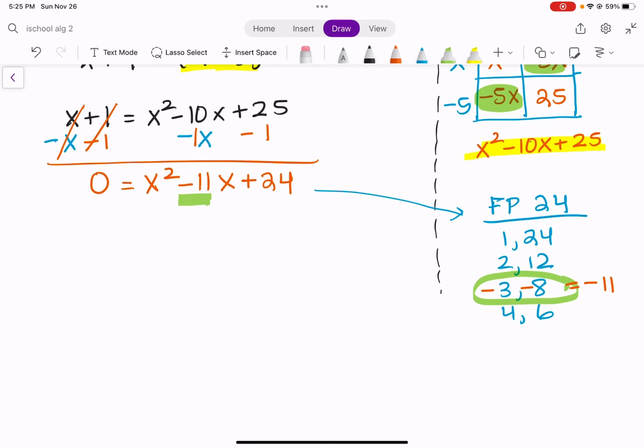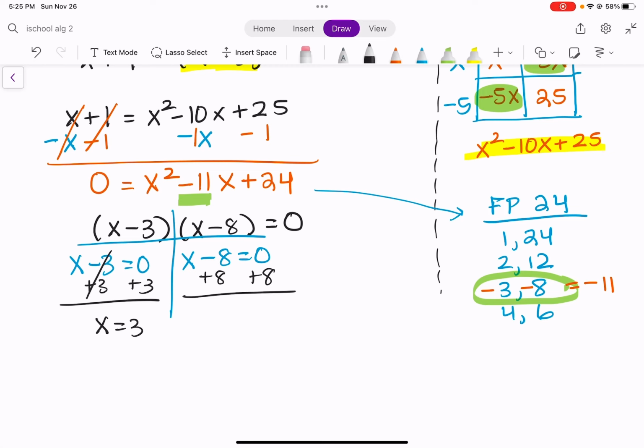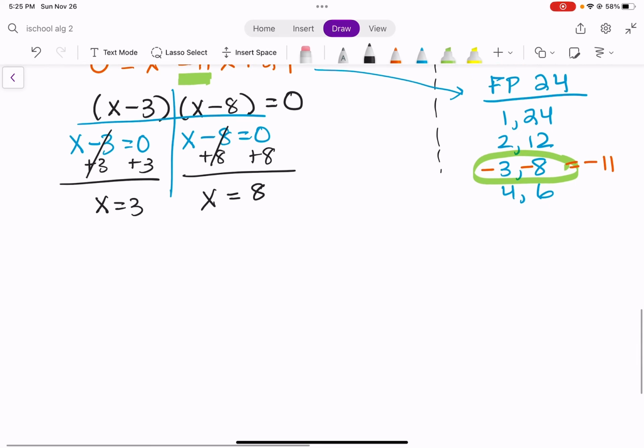So we can rewrite this as x minus 3, x minus 8 equals 0. And now I can solve this by setting each parentheses equal to 0. Right? So I have plus 3, so I have x equals 3, and I have plus 8, x equals 8.